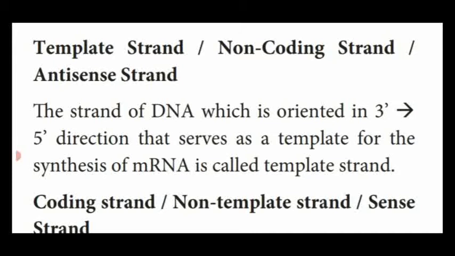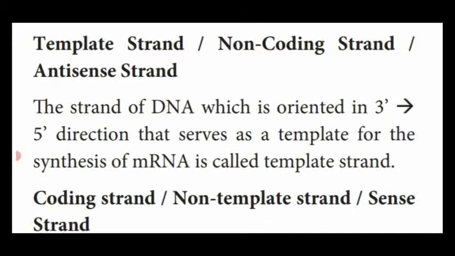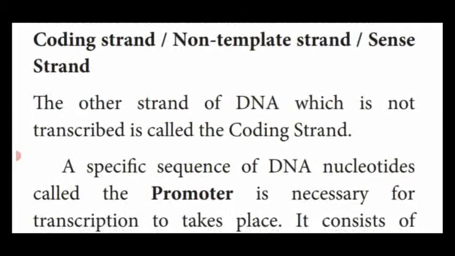This strand is known as the template, non-coding, or antisense strand. The other strand of DNA, which is not going to be transcribed, is known as the coding, non-template, or sense strand.